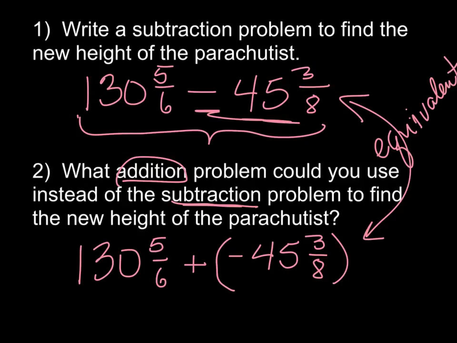And now we need to choose one of those two expressions to solve. I would think that most of you would be drawn to solve the subtraction problem, so we'll go ahead and solve that. So 130 and 5/6 minus 45 and 3/8.